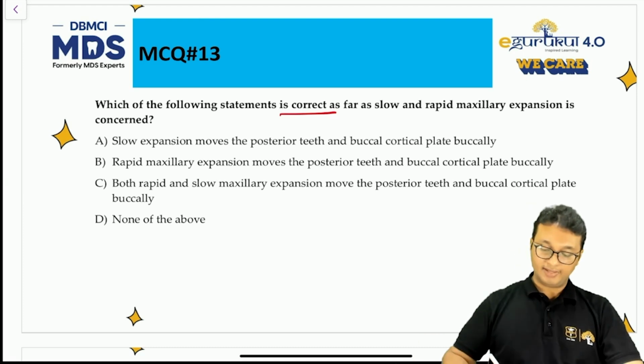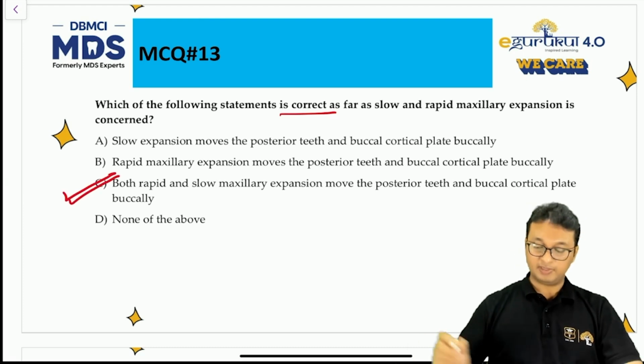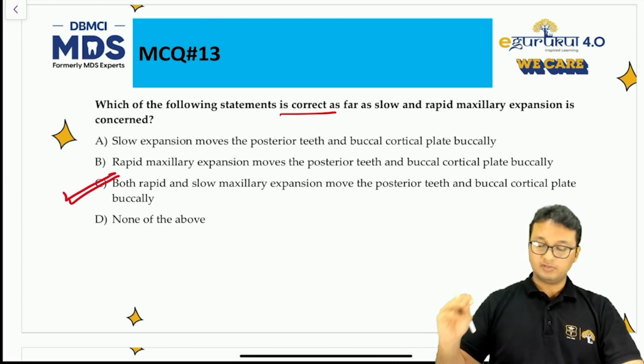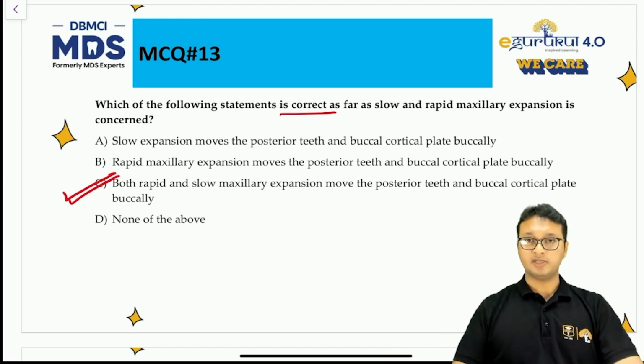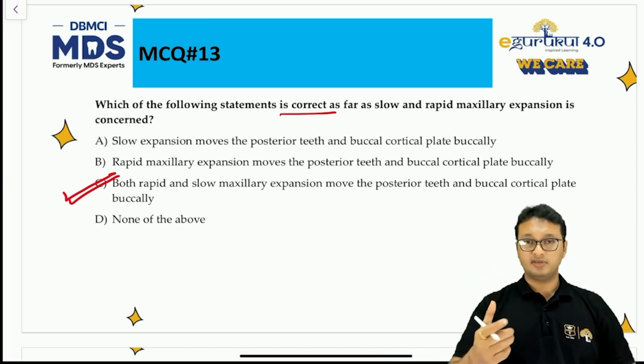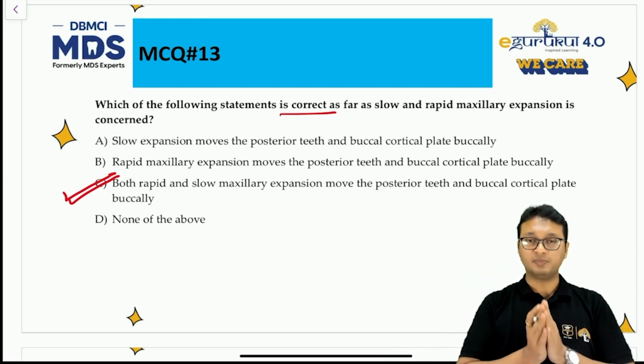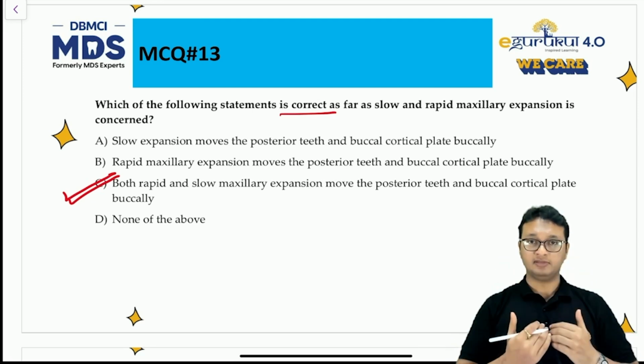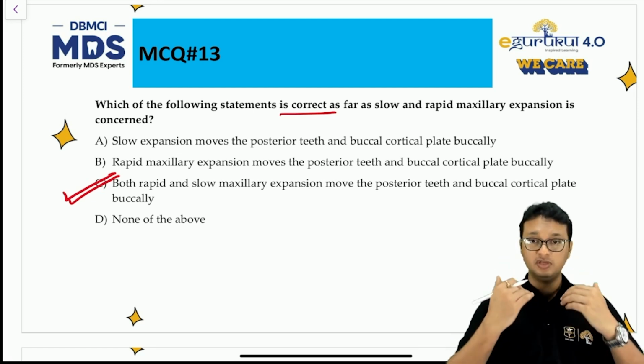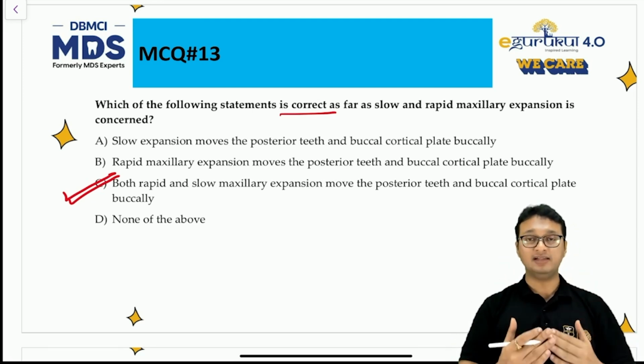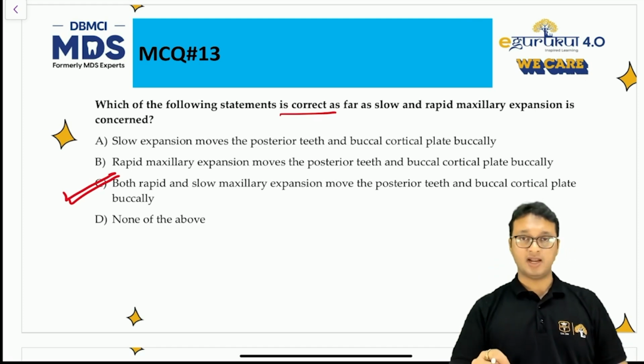So I think option C will be the correct answer, because for both slow and rapid maxillary expansion, whatever forces are supposed to be put across the midpalatal suture have to go through the handles. Now the teeth act as the handle.